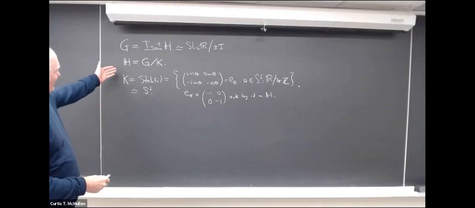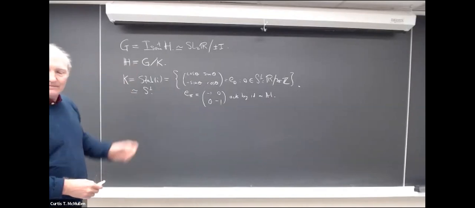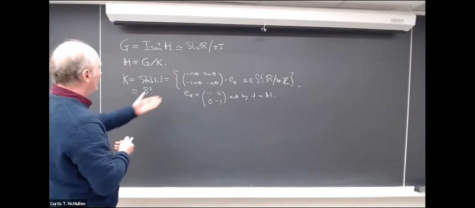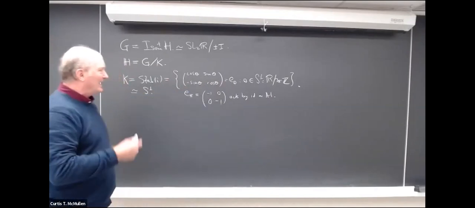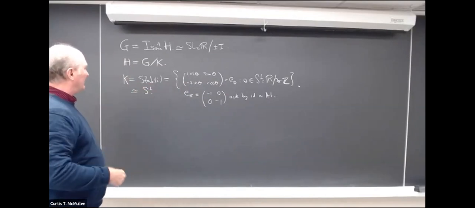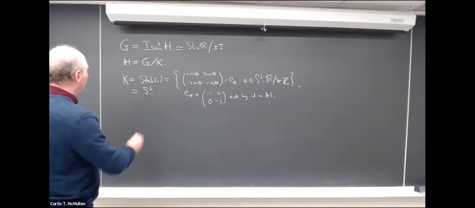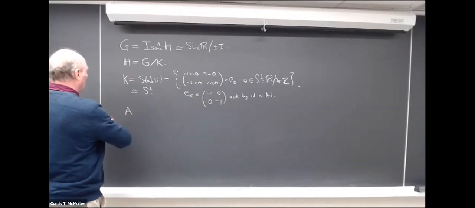Okay, now inside of G, there are two other types of subgroups that are generated by a single element of the Lie algebra. That is, two other types of one parameter subgroups. And they can be conveniently normalized as follows.